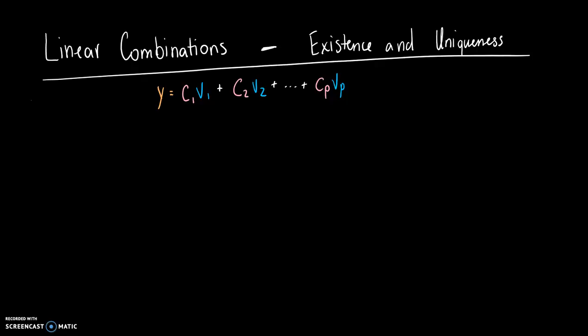Now, one thing I want to point out is that in this definition, the C's and the V's are just general, arbitrary letters. We can use any letter that we want.